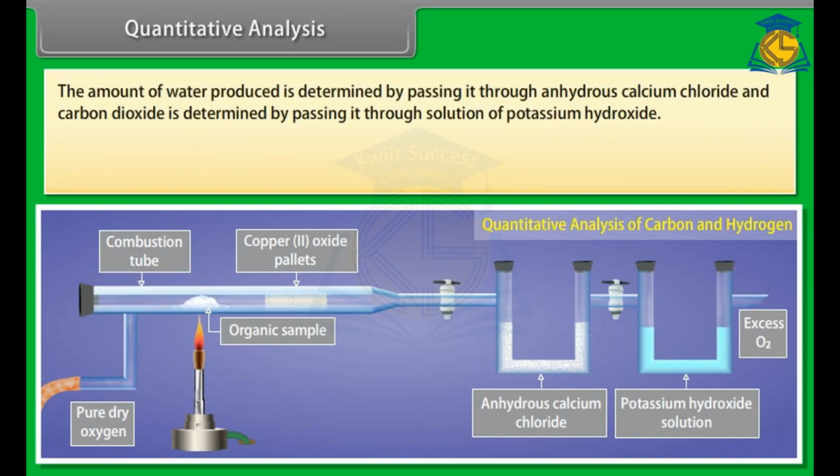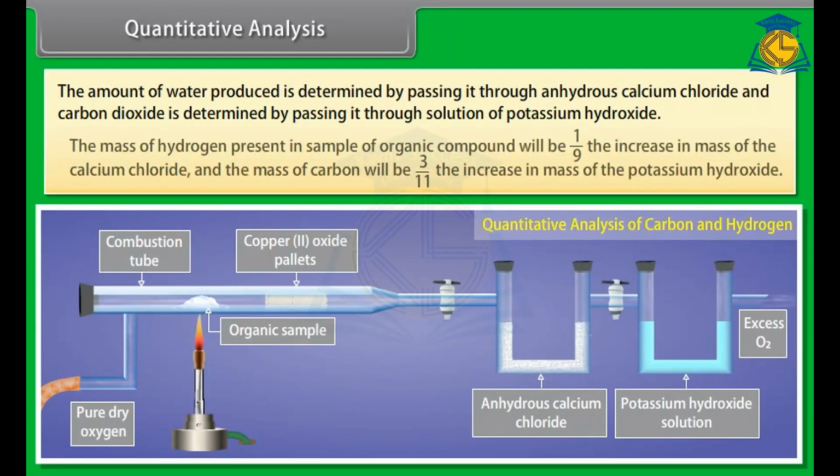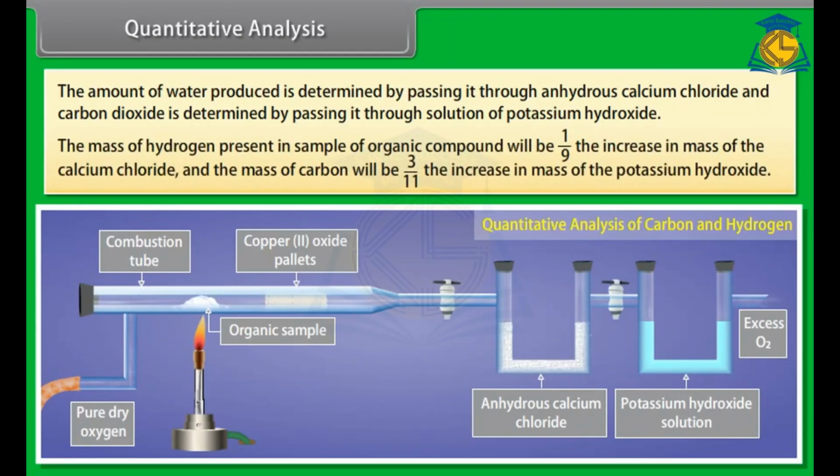The amount of water produced is determined by passing it through anhydrous calcium chloride, and carbon dioxide is determined by passing it through solution of potassium hydroxide. The mass of hydrogen present in the sample of organic compound will be 1/9 of the increase in mass of the calcium chloride, and the mass of carbon will be 3/11 of the increase in mass of the potassium hydroxide.